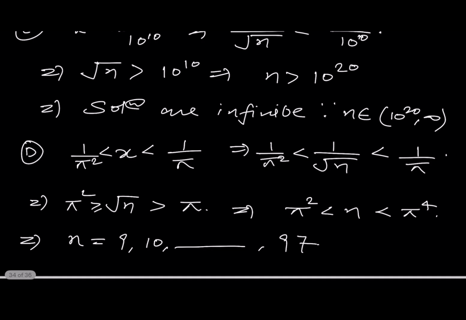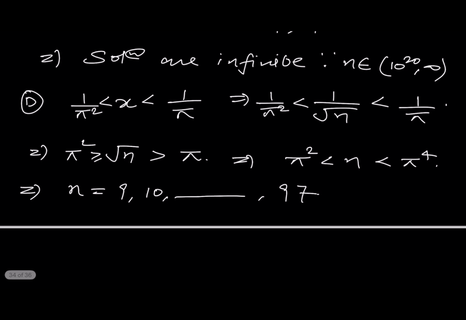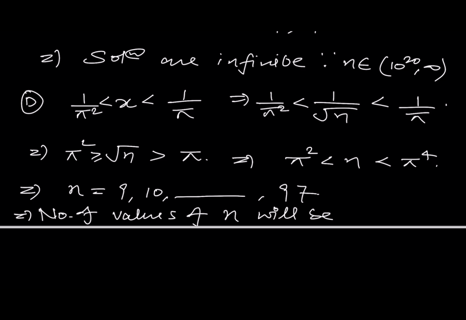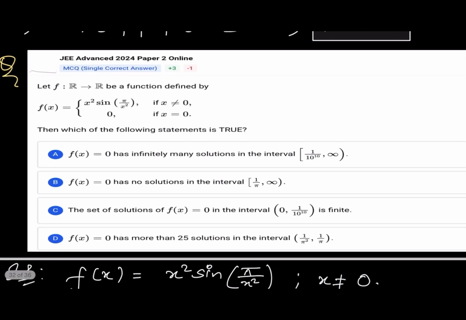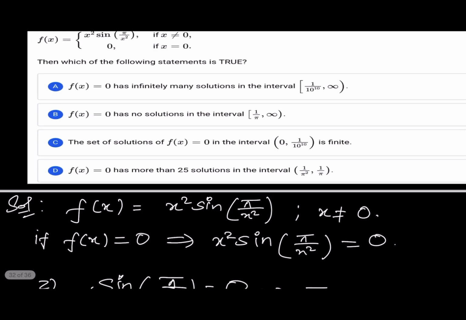The number of values of n will be 97 minus 9 plus 1, which is 89. Which is greater than 25, of course.